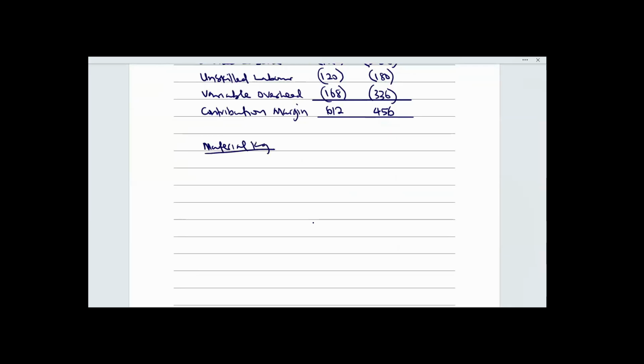So material kilogram is calculated as material cost divided by material per unit. For grade A, the material cost is 480.